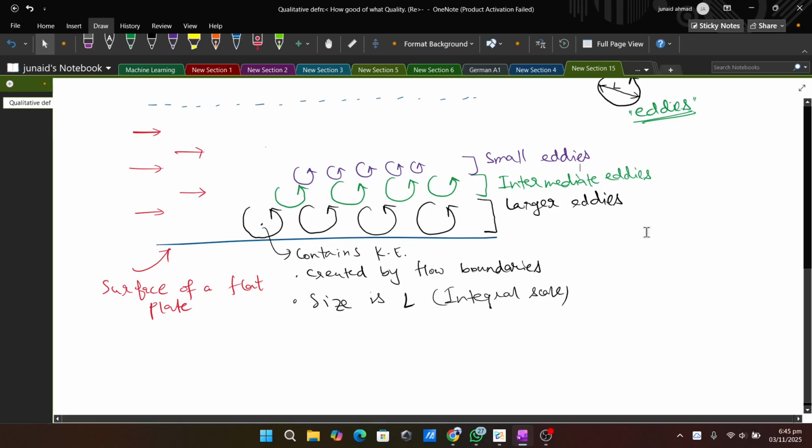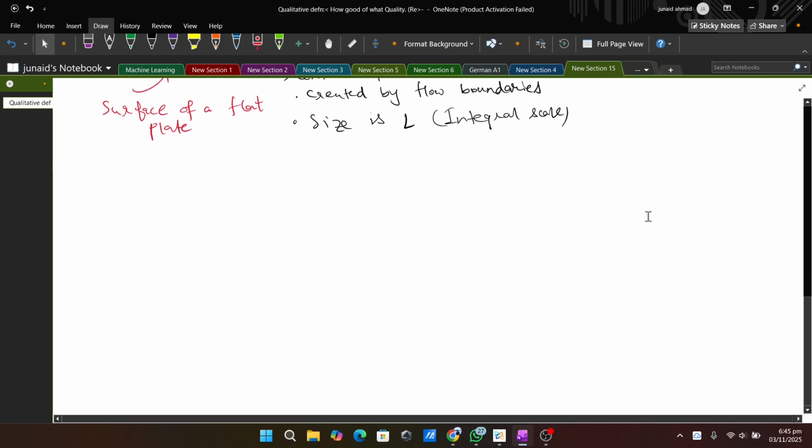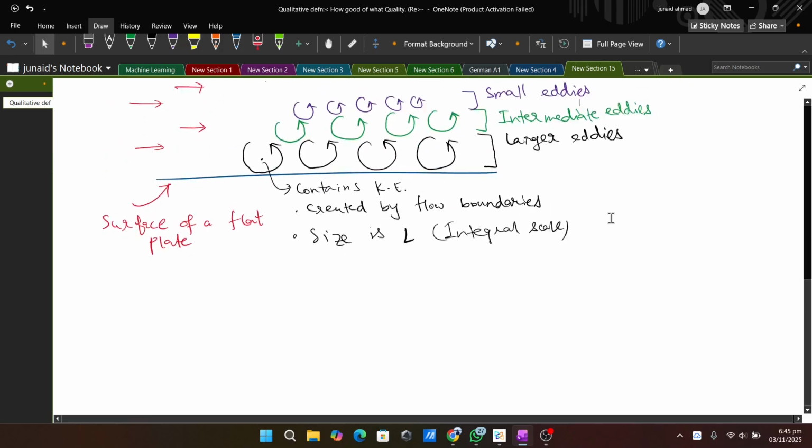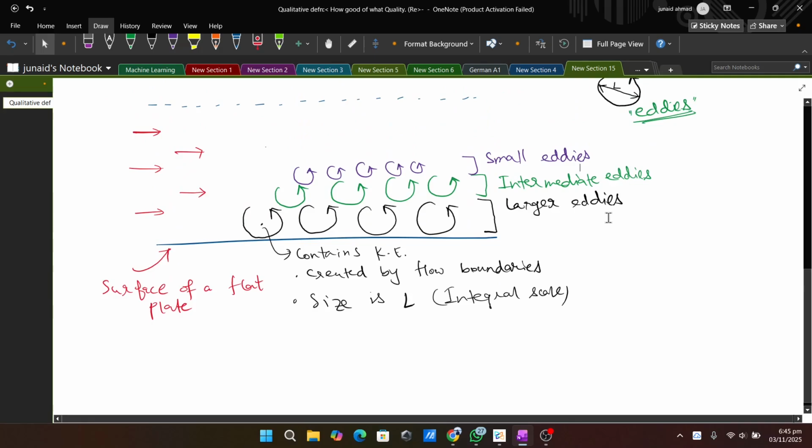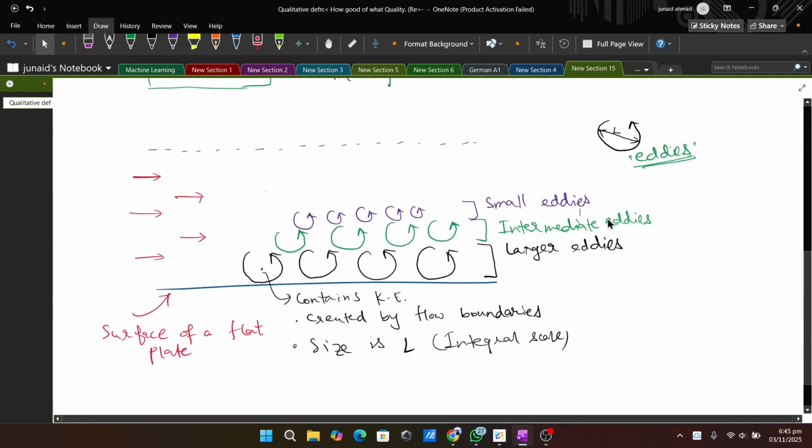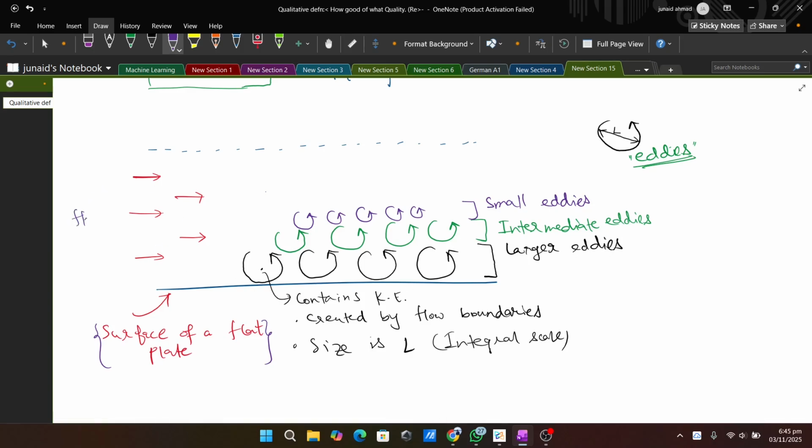All right, so let us talk about this in a flowchart. It will be better. One thing to be clear about here is that this is the surface of a flat plate. Along this surface there is a flow, and this is the direction of the flow, from this side to this side.